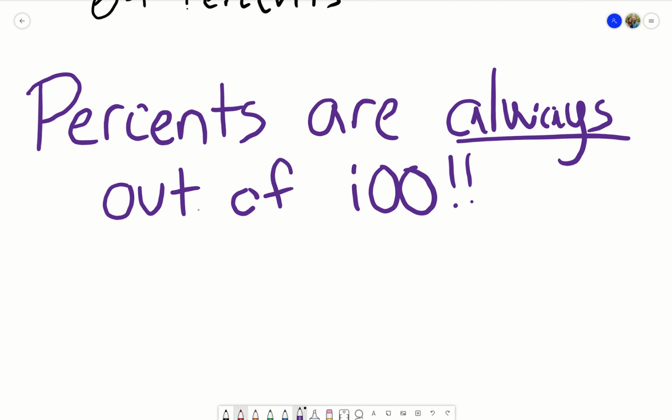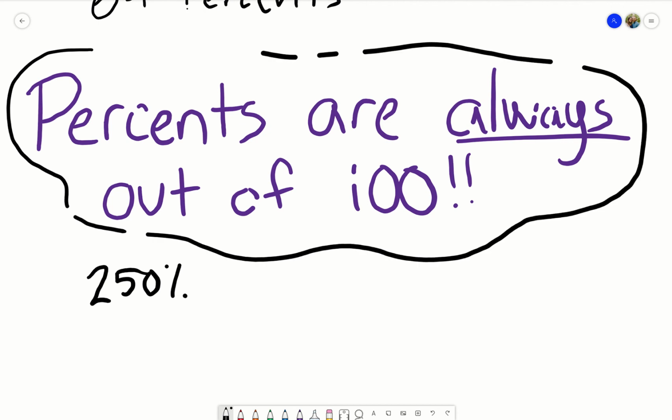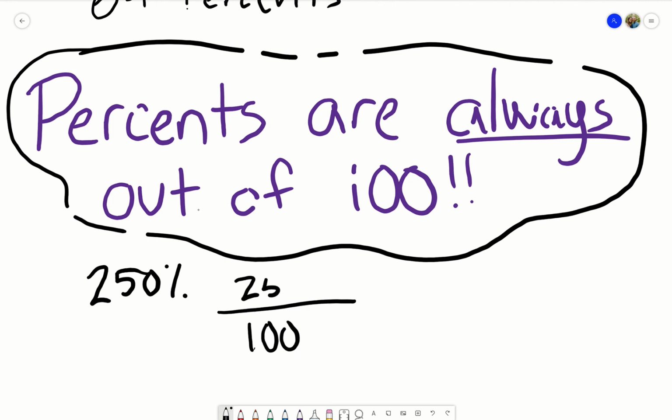Okay, but what if I had 250%? Well, percents are always out of 100. This percent would turn into 100 on bottom, 250 on top.